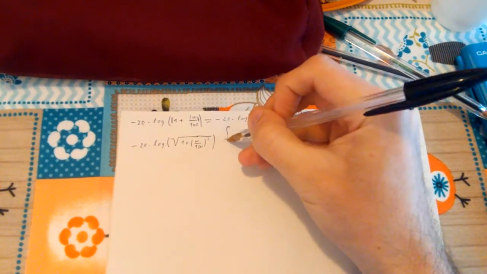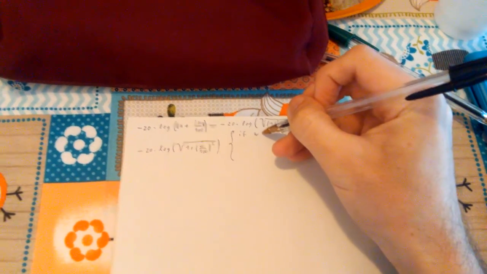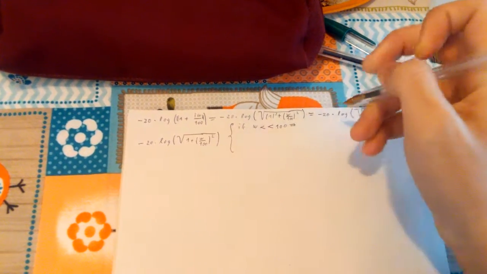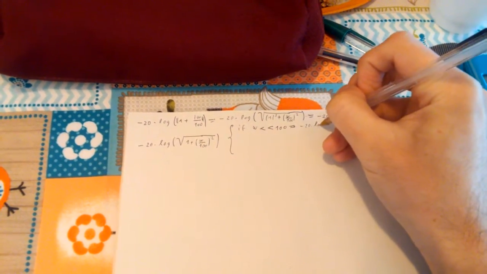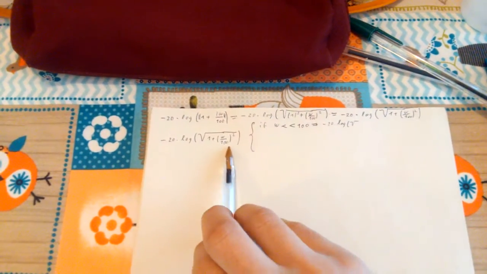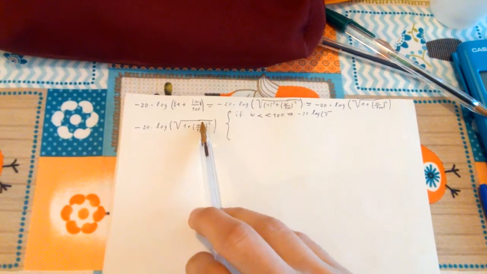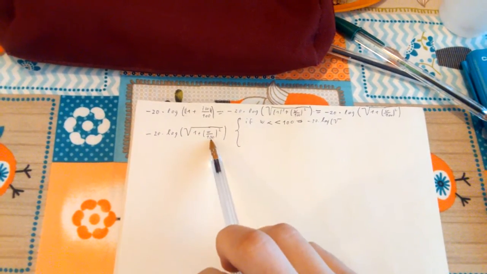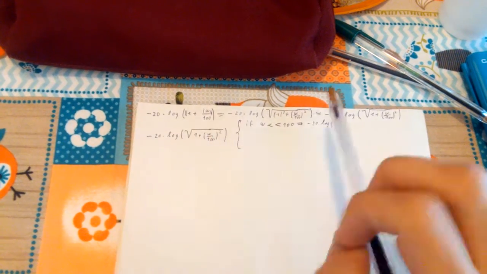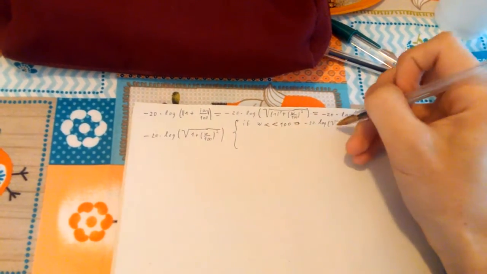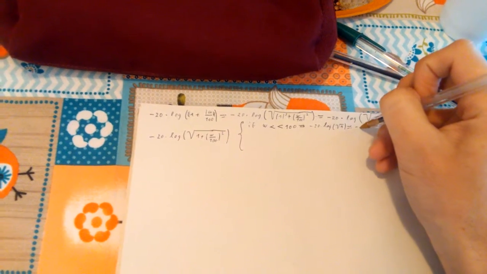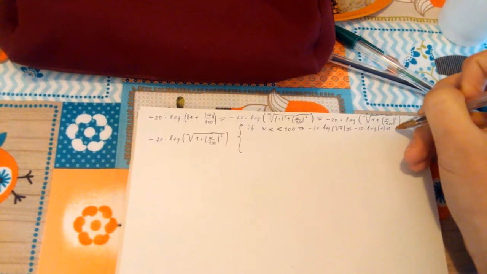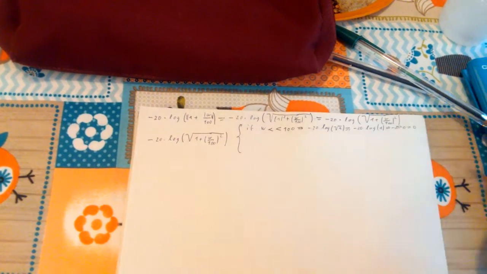Okay, if omega is way less than 100, then we're going to have negative 20 times log of the square root. It's just like saying, okay, it's way less than 100, just like before. So it's going to be a really, really small number divided by something huge. So it's essentially going to be 0. So we're still going to have the square root of 1. So this means it's negative 20 times log of 1, but the log of 1 is 0, so it's negative 20 times 0, so it's essentially 0.